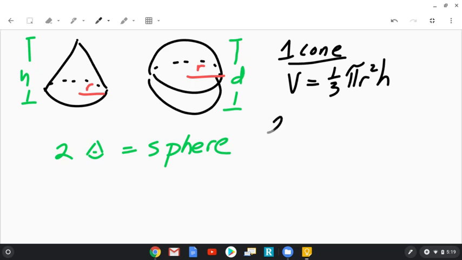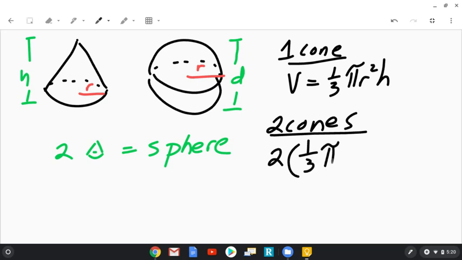So if I think of 2 cones, I would just double that value. 2 cones would be 2 times 1/3 pi r squared h. That would be the volume of 2 cones, which is equivalent to the volume of my sphere. But let's talk about this.